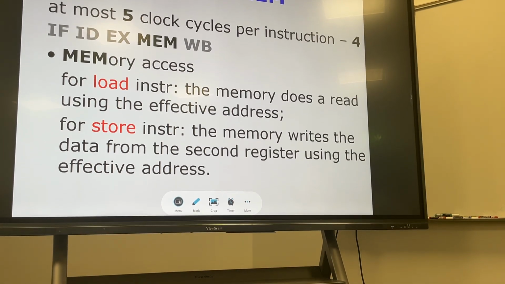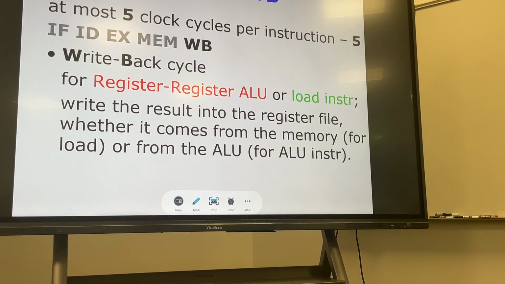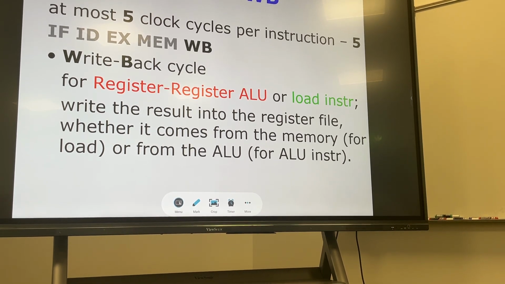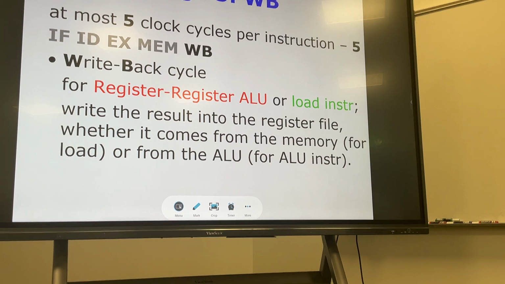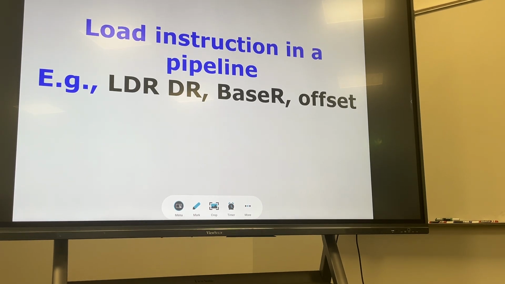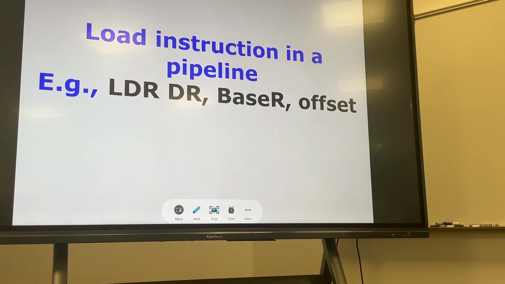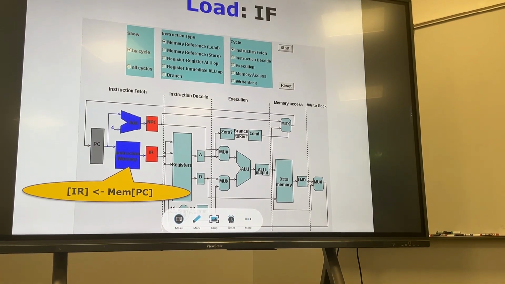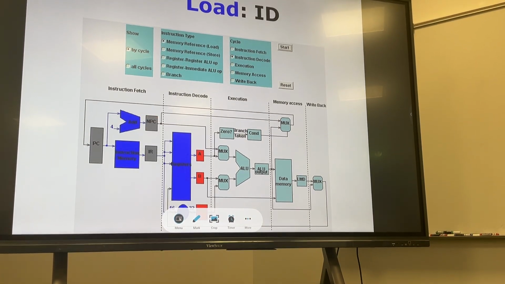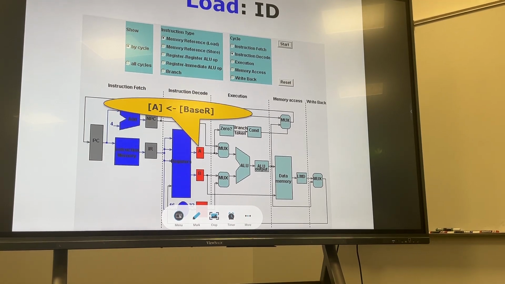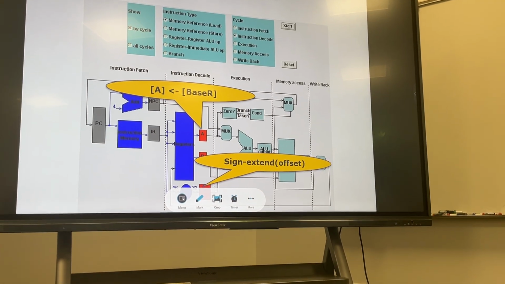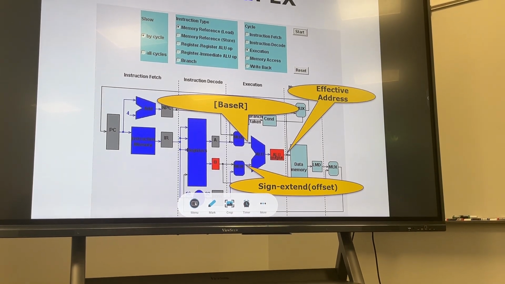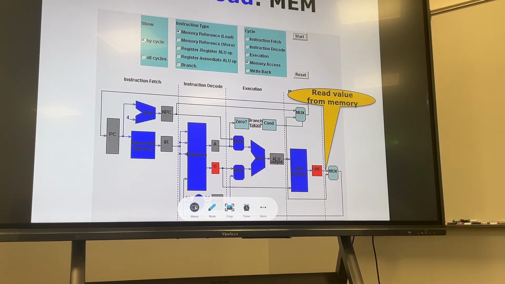Then the memory stage is used for load and store instructions, and then we have the write back cycle. It's also used for register ALU or the load instruction. Which instruction is this? LDR. So it goes there, NPC, IR, then it goes to A and B. A will be base R, the sign extension of the offset.